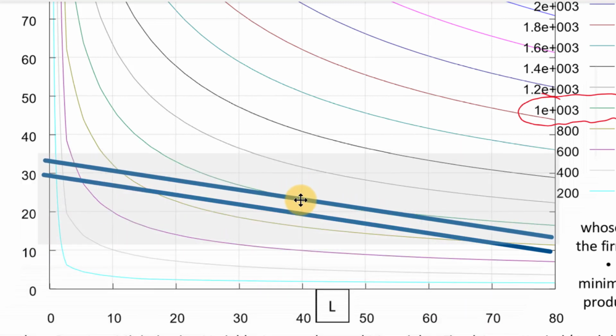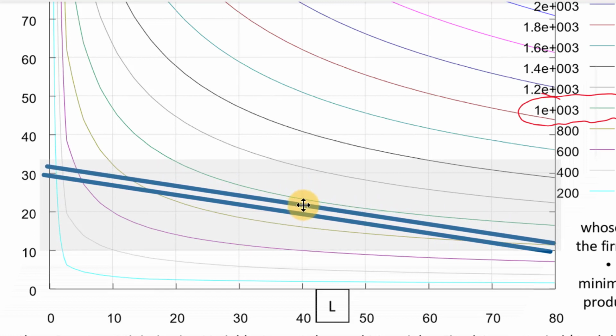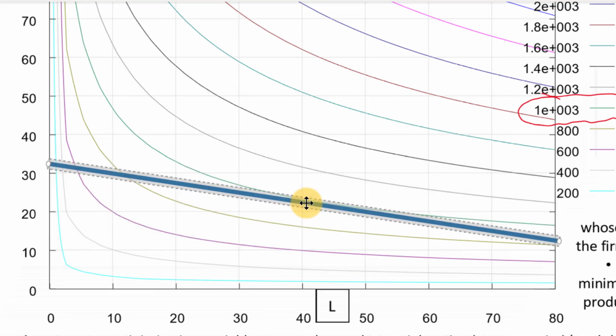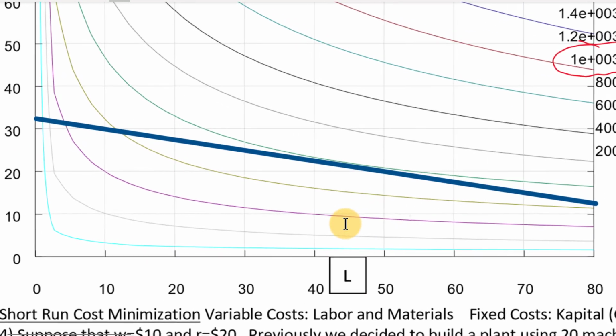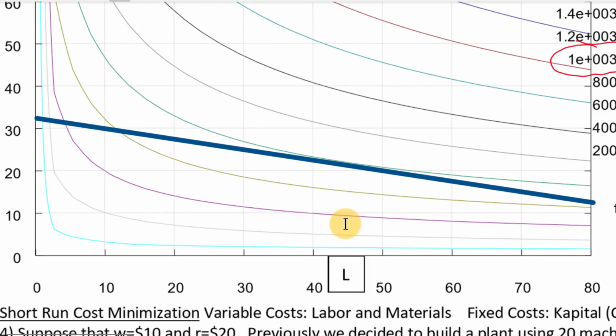So we want to move it down until we find a point where it's just barely tangent at one point. And from looking at this, my initial guesstimate about how much labor and capital this would be is it looks like it would be somewhere in the neighborhood of 45 workers. And over here on the y-axis, maybe 21 or 22 units of capital.